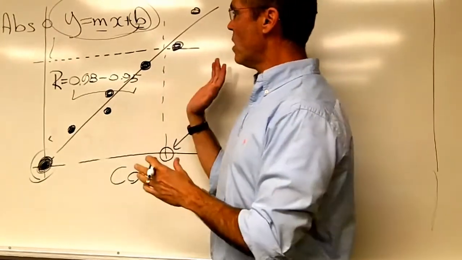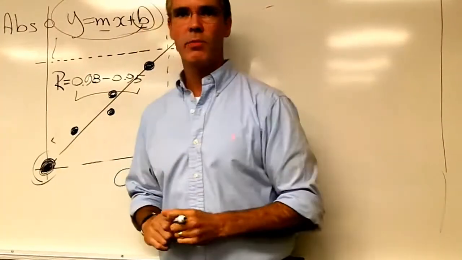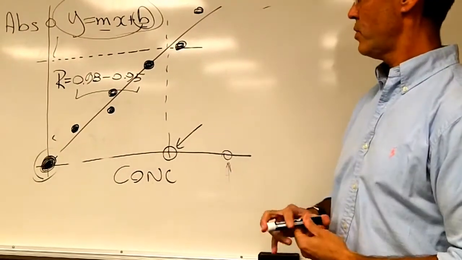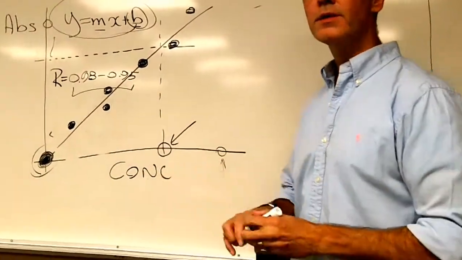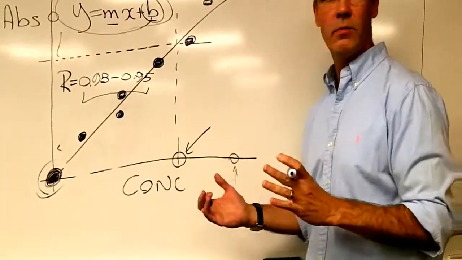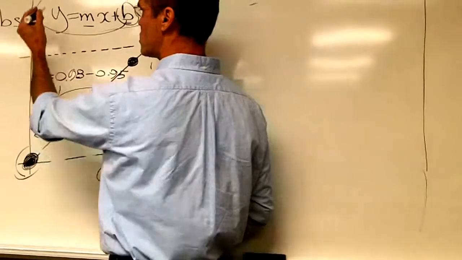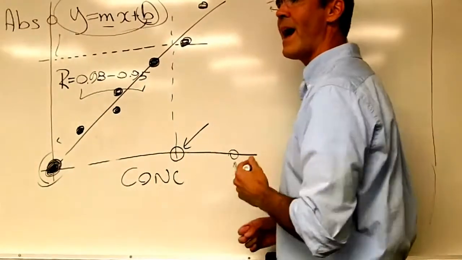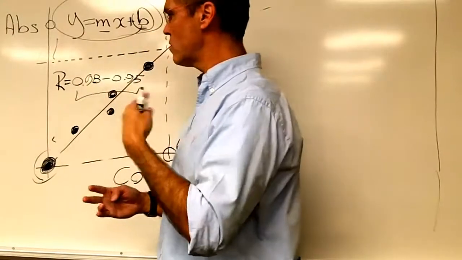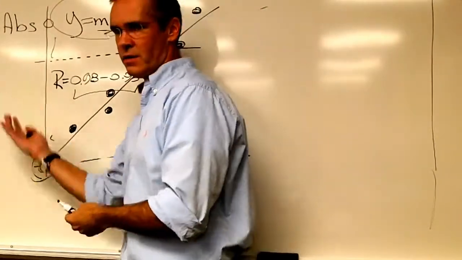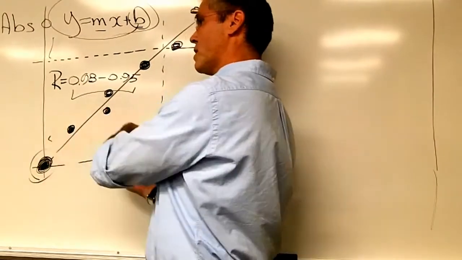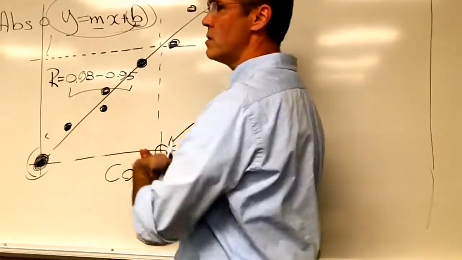So that's what I wanted to tell you about a calibration curve and how you can find your unknown. The other thing I need to mention, and that's the last thing I'm going to say about this, is that your graph always has, of course, 2 axes. And you have to think which one varies in relation to the other one.